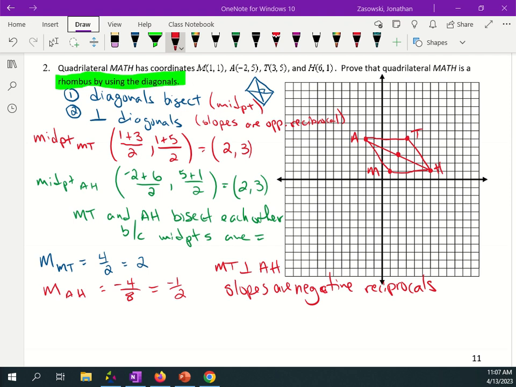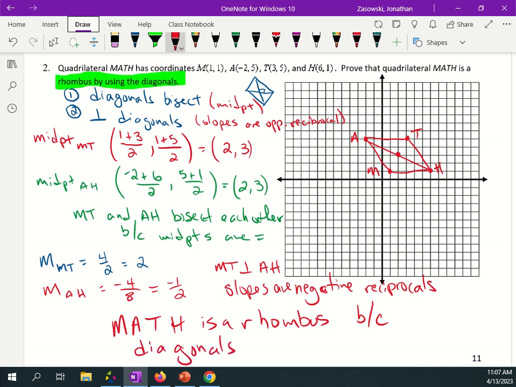Do we get full credit? Nope, because we have to say MATH is a rhombus, and we have to say why. Very good. So we could just say the diagonals are perpendicular bisectors, or perpendicular and bisecting, however you want to say it.